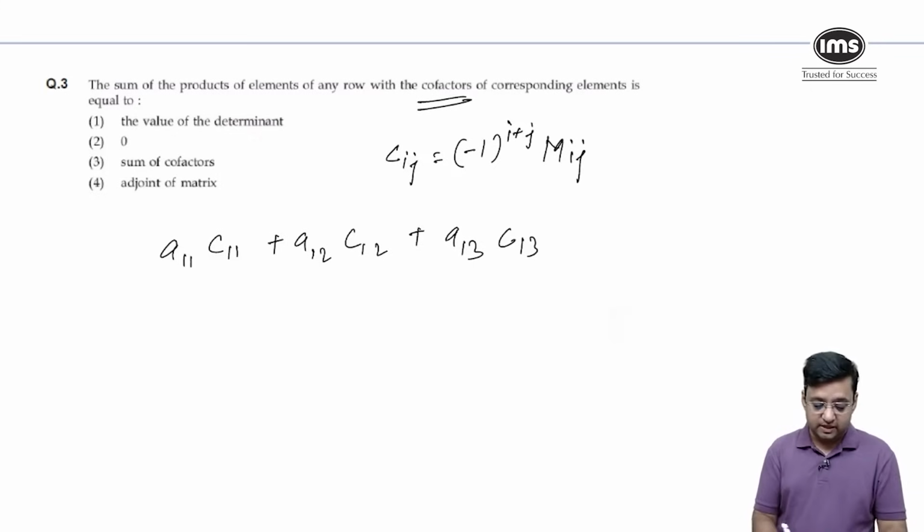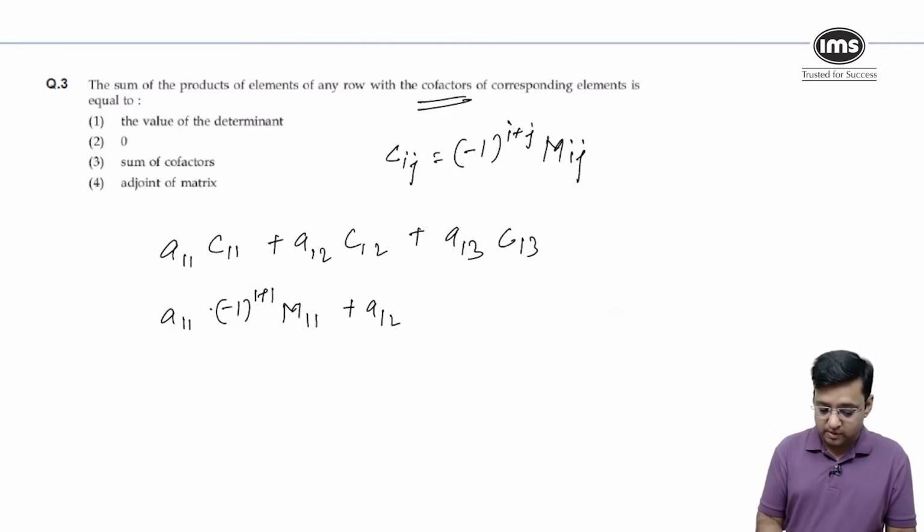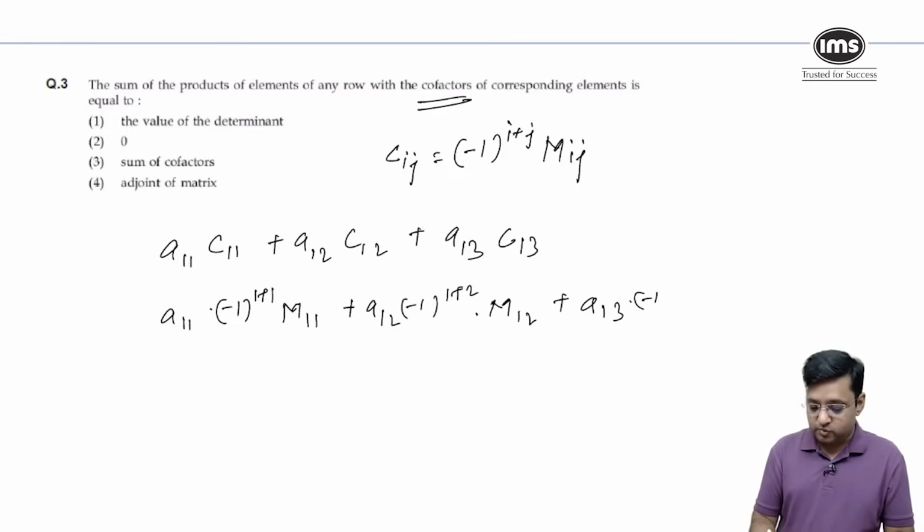So in this case, we will get A11 into (minus 1) to the power 1 plus 1 M11, plus A12 into (minus 1) to the power 1 plus 2 M12, plus A13 into (minus 1) to the power 1 plus 3 M13.